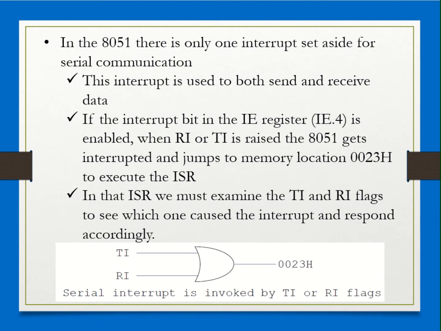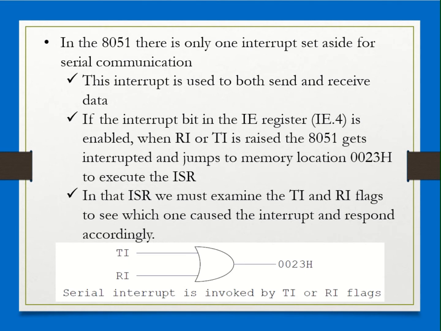Okay, then the 8051 will jump to the memory location 0023H in order to execute the interrupt service routine. So in that interrupt service routine, we must check whether the TI flag is set or the RI flag is set, because both are tied together.